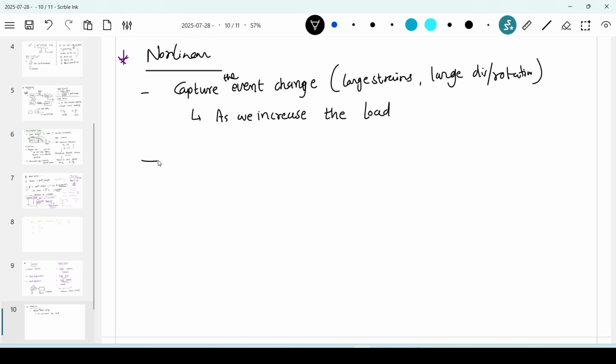That means, as we said, we need to solve the system in an incremental way, step by step. This is the main concept of solving the nonlinear equations.